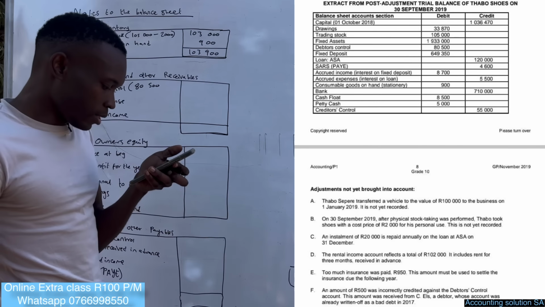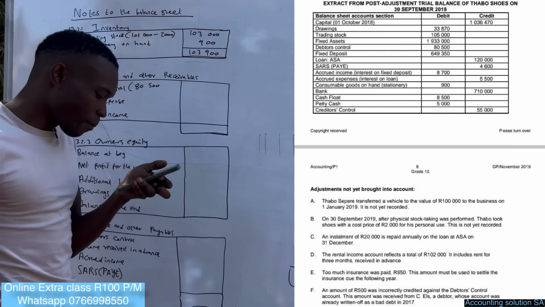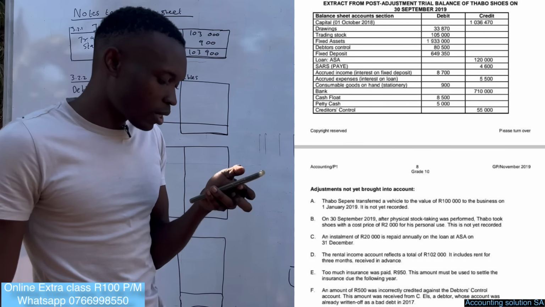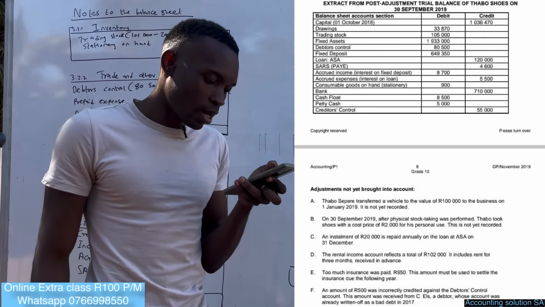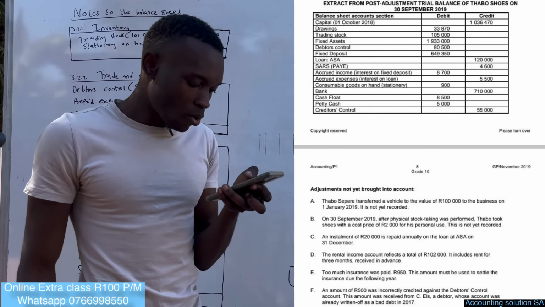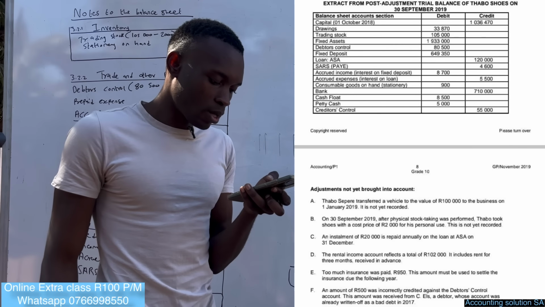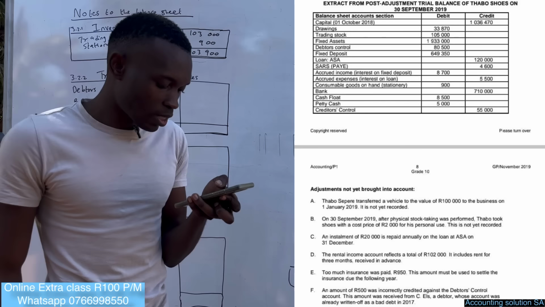Let's check additional information number F. An amount of 500 was incorrectly credited against the debtors control account. This amount was received from C. Else, a debtor whose account was already written off as a bad debt.